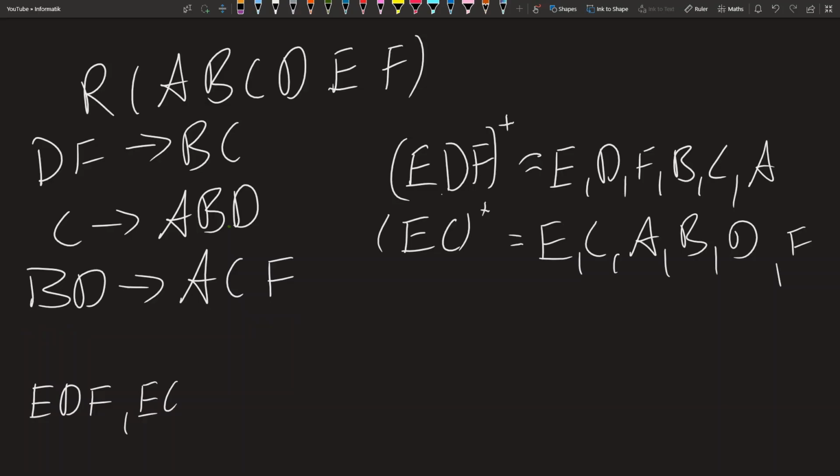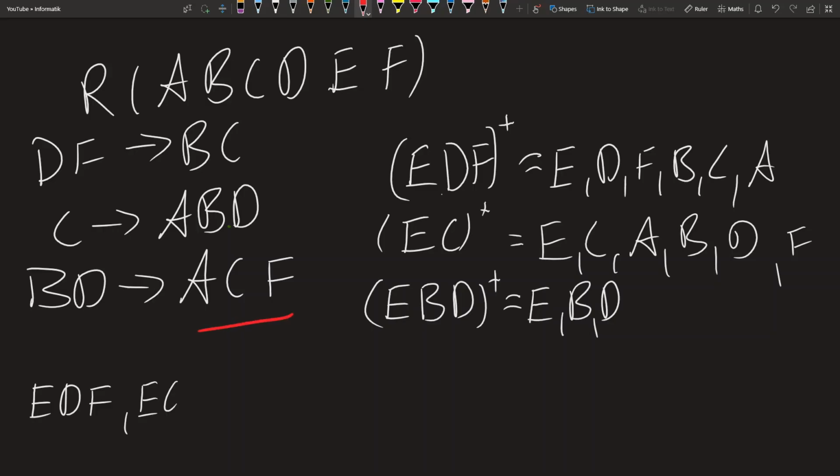Last try is E and BD. So E and B and D. There we go. First, we always include A, B, D itself, and then we can take a look. So first we can see that we have ACF.